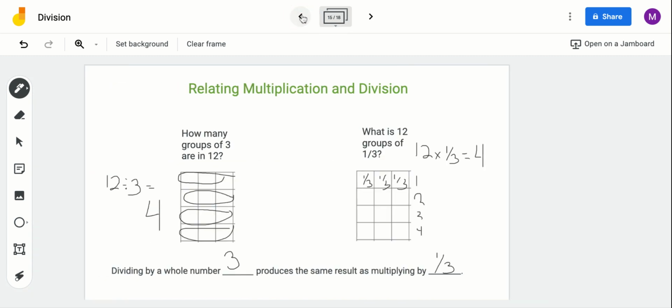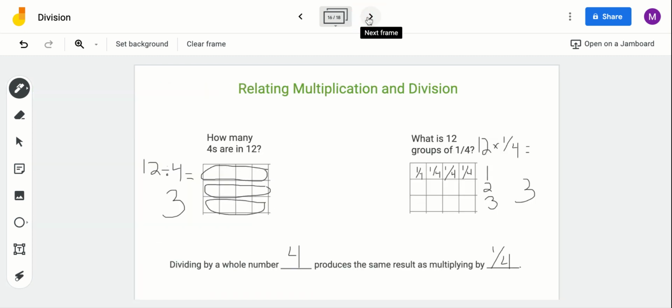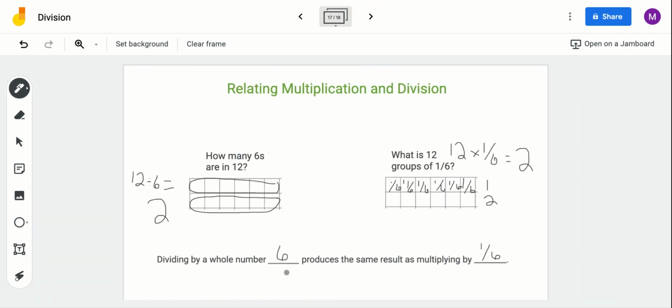So dividing by 3 is the same as multiplying by 1/3. Dividing by 4 is the same as multiplying by 1/4. Dividing by 6 is the same as multiplying by 1/6.